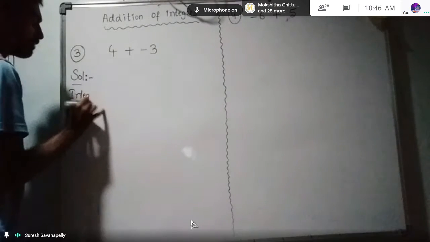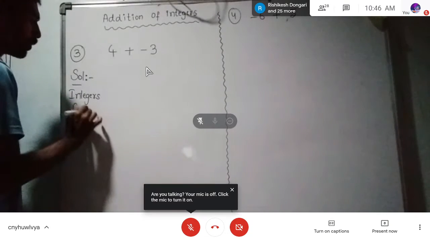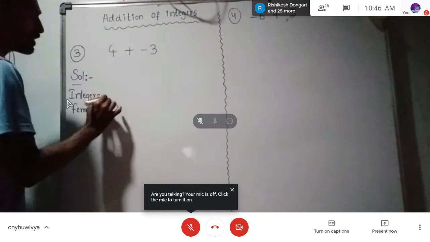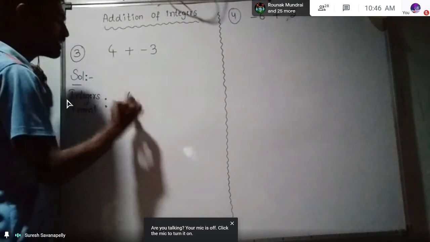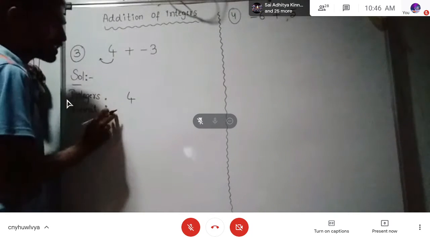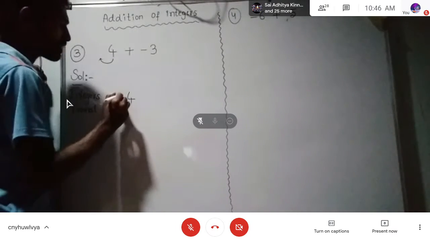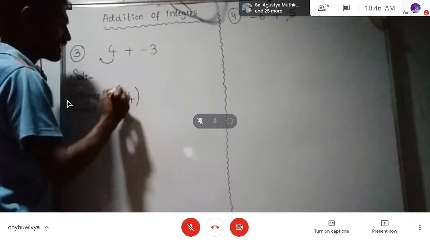Integers format means write the number as well as its sign with the bracket. So now I am writing the integers format. So 4, what is the sign of 4? If there is no sign to a number, it means positive. Treat that as a plus. So 4 is nothing but plus 4, and next you keep the brackets.